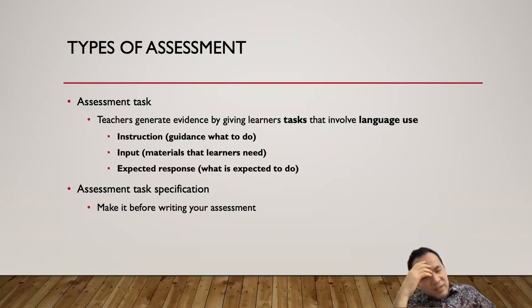A task is something like a situation or language use that you give for the students to do, right? So when you give your students assessments, you need to know the instruction, the guidance on what to do, first, and then the input or materials that learners need. The inputs mean the materials of the test, and the expected response. This is called what is expected to be done.